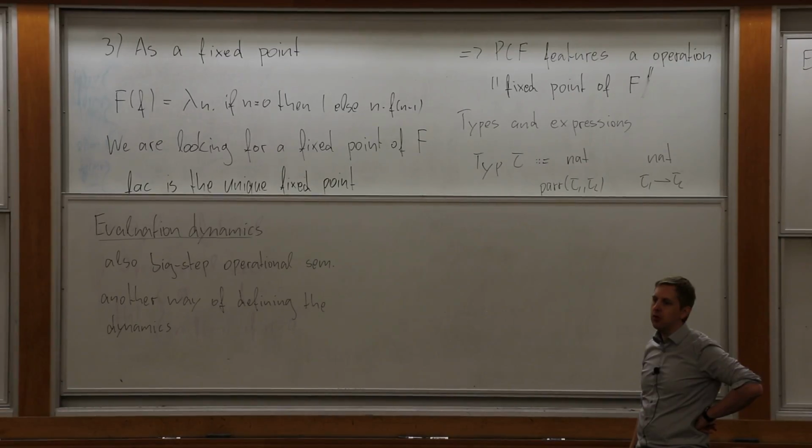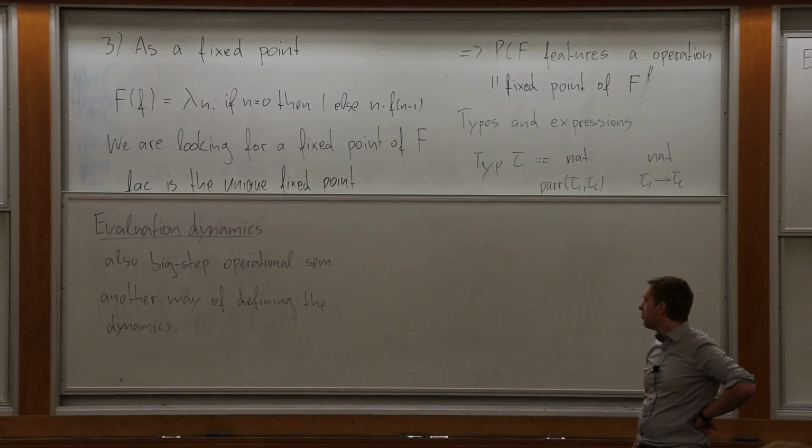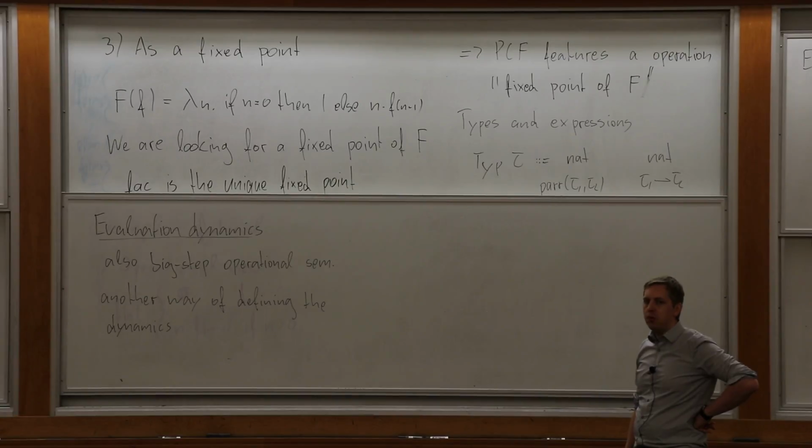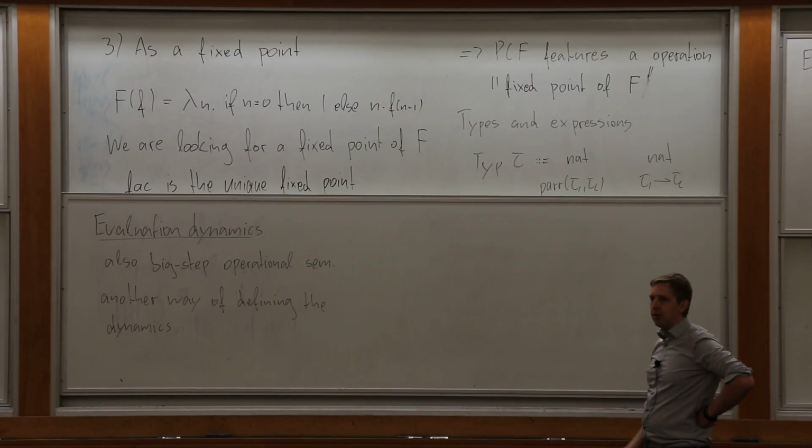So sometimes if you want to prove something about your language or about programs in general, it is important what semantics you have, and what you want to prove might be very difficult for evaluation dynamics and easy for structural dynamics.